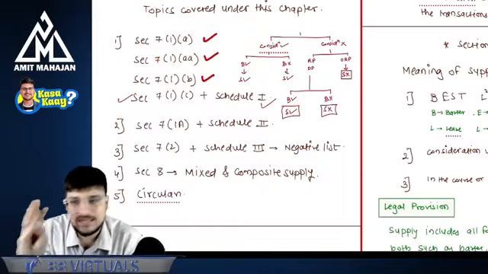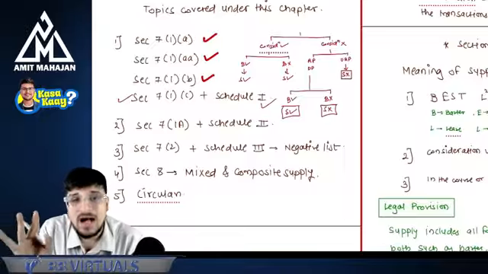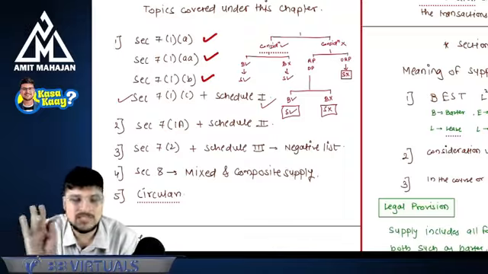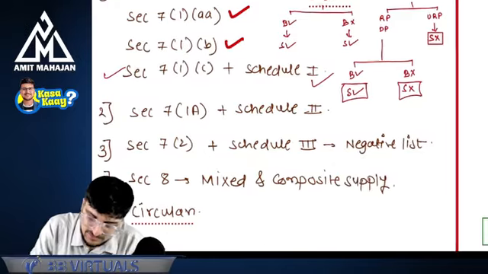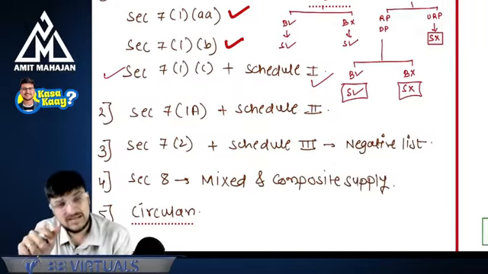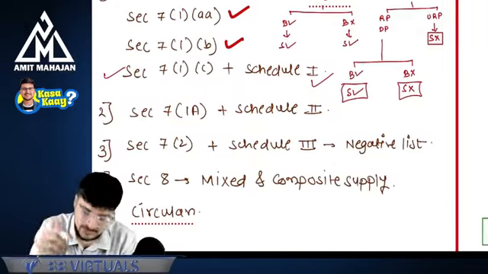TRIP: T is transfer, R is related parties or distinct persons, I is importation of service without consideration, and P is principal agent relationship. Then we saw 71A read with Schedule 2, that is talking about goods, yes sir, or service.